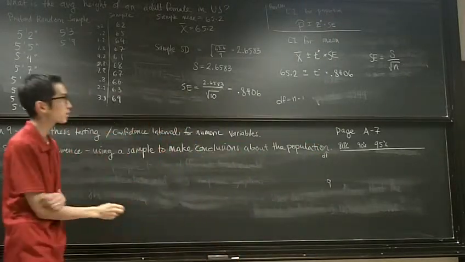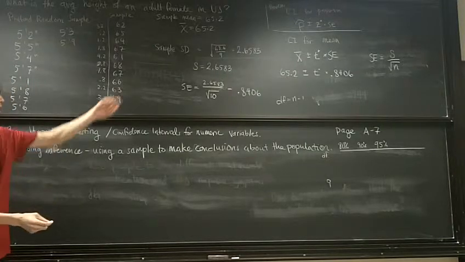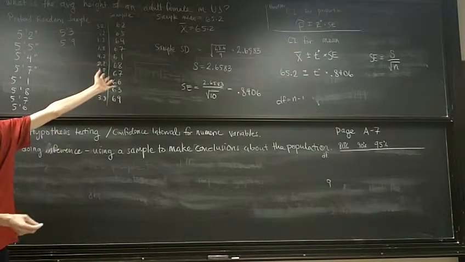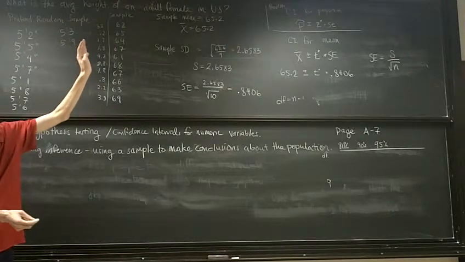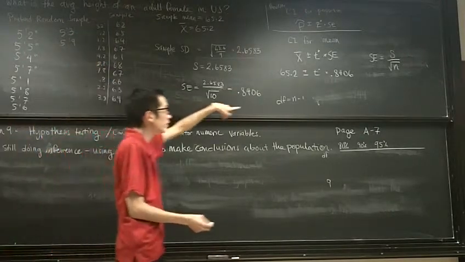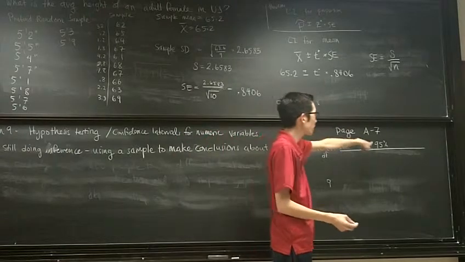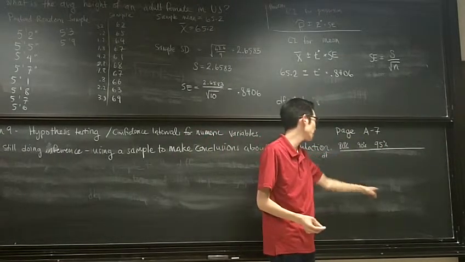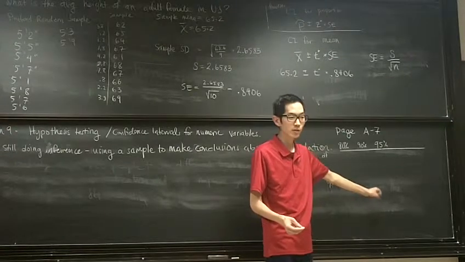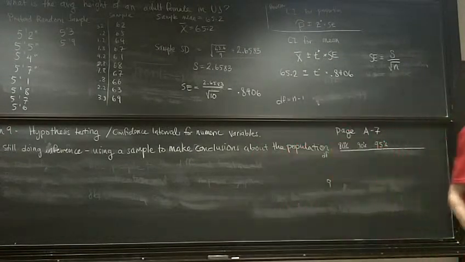And what level of confidence do I want? Let's say I want a 95% confidence interval. So I go to the column that says 95%, and find the number in the row for 9 degrees of freedom. And what do I have? 2.262.